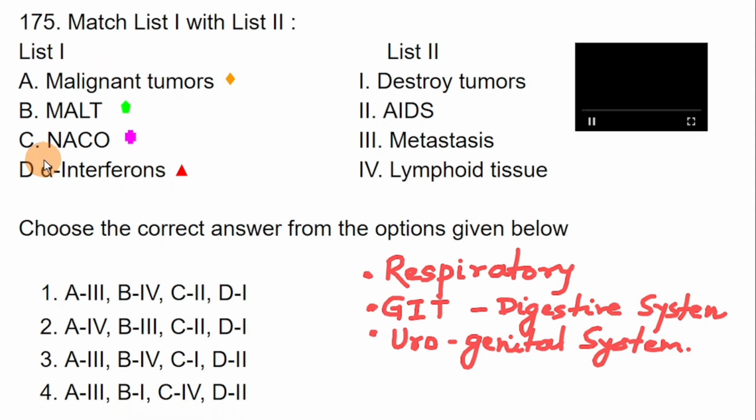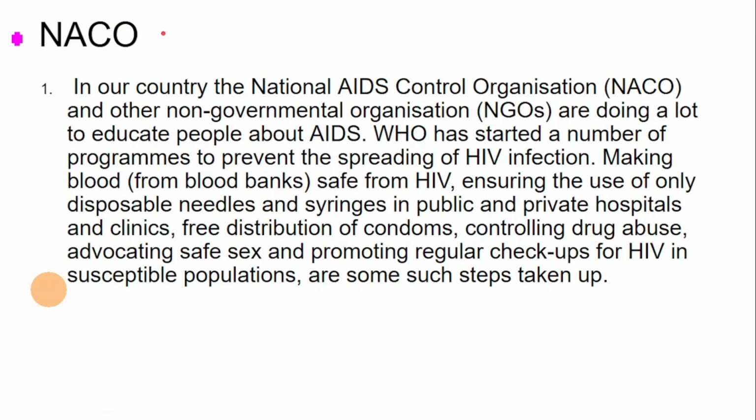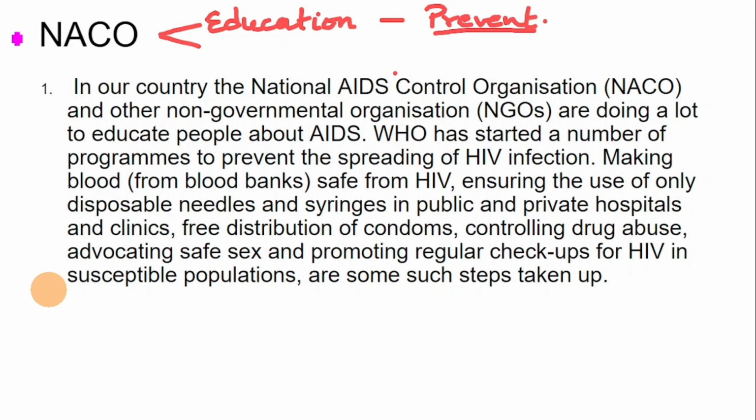Next one, NACO, National AIDS Control Organization. An important role of NACO is in educating, and via education they can prevent infection. Very important. So education regarding prevention of AIDS is an important aim of NACO. And the other thing will be post-exposure prophylaxis.